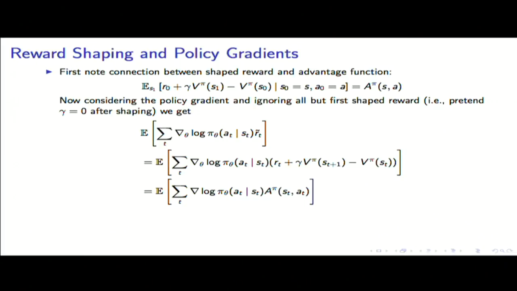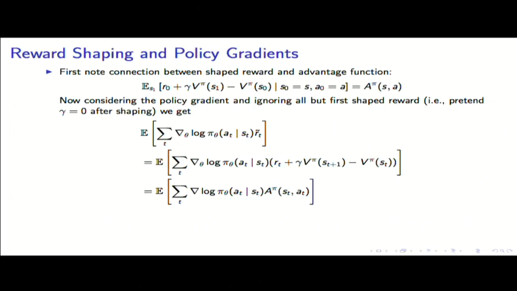This is reminiscent of a calculation we showed in the last class, involving the policy performance and the advantage function. If we look at the expectation of this shaped reward, where we use the state value function v pi as the shaping potential, that's just the advantage function.